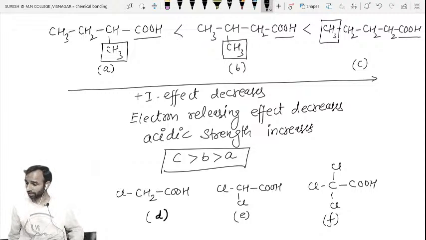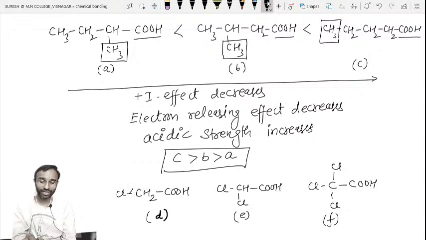Okay, Harshil, A, B, C, good. D, E, F. See, there are electron withdrawing groups. Only one electron withdrawing group, then 2 electron withdrawing groups, then 3 electron withdrawing groups.